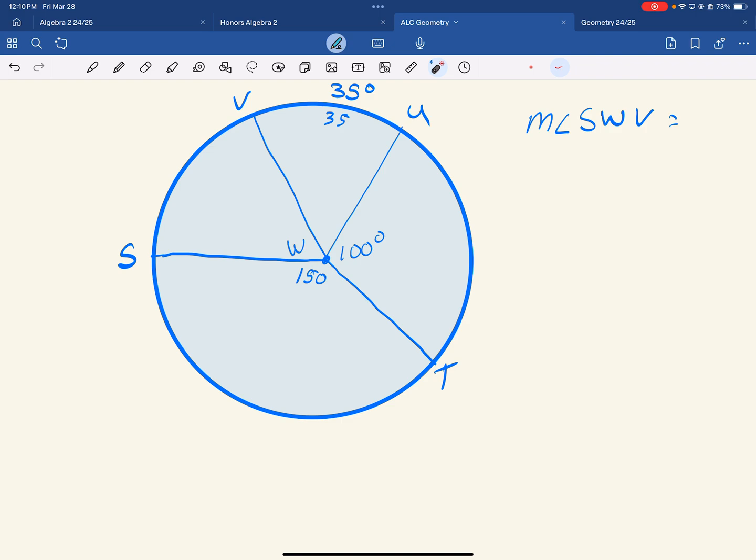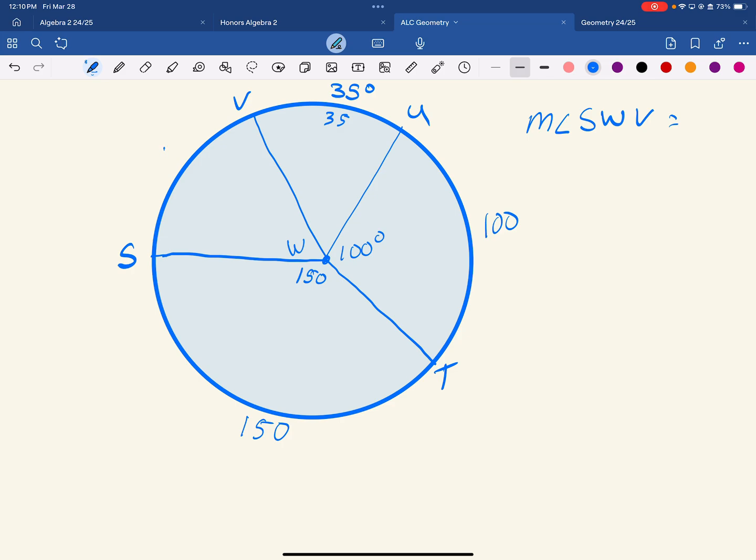So we know the distance around a circle is 360 degrees. If I can find all of the arcs, because I know this is 100, that means this arc is 100. If we've got the central angle that's 150, this arc is also going to be 150.